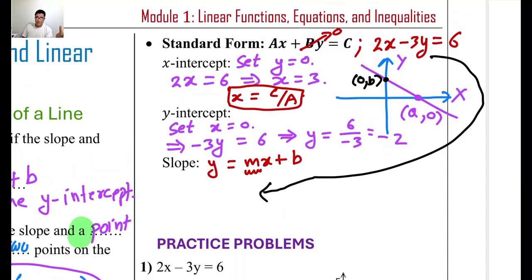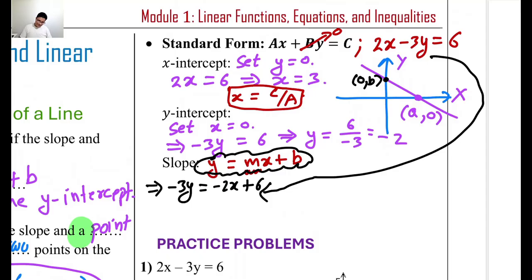So what will I do? I will try to rewrite it in this form. So that implies negative 3y equals, shift the 2x to the right side, negative 2x plus 6. I'm trying to bring it to this form, y equals mx plus b.